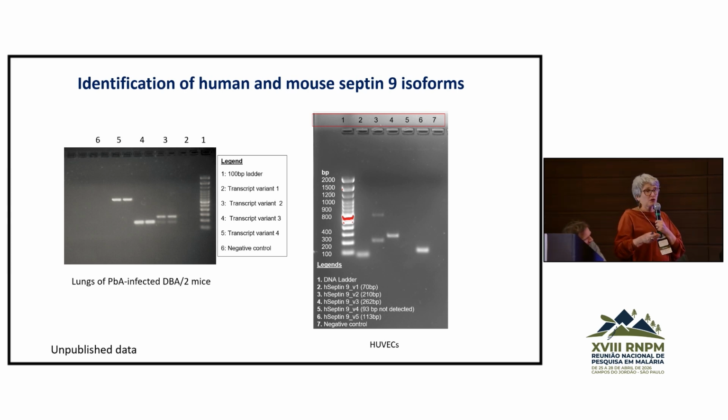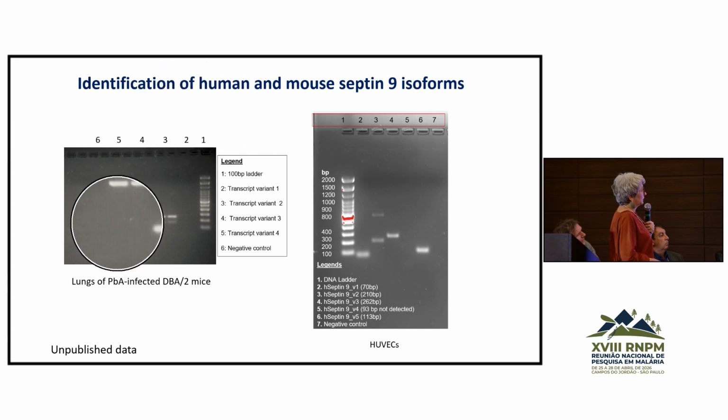So we're trying to understand these outcomes, since septin is coded by over 13 genes, and septin 9 has several isoforms. So our hypothesis is that the modulation of these isoforms of septin is different throughout the infection, with different roles as well.